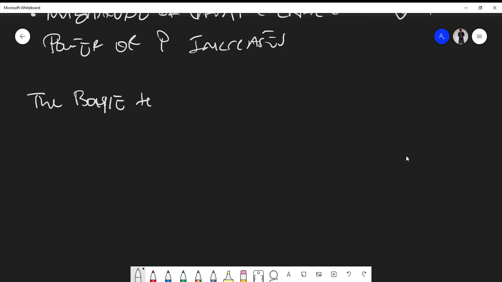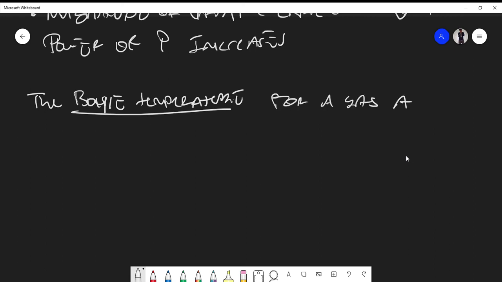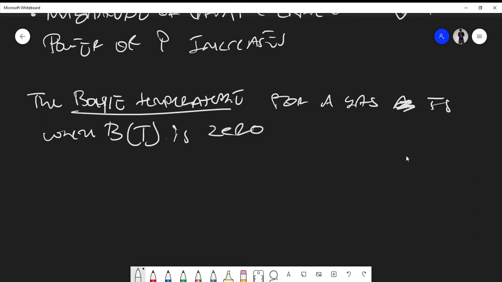The Boyle temperature for a gas is when B times T is 0. So the Boyle temperature for a gas is when B times T, like we spoke about, is actually 0.